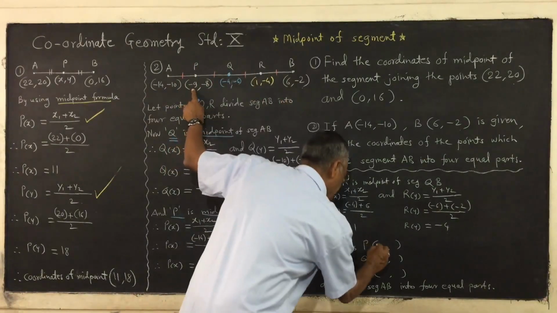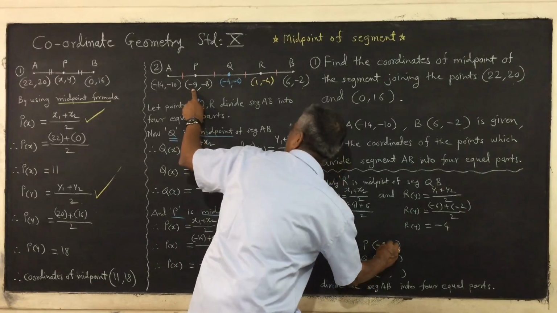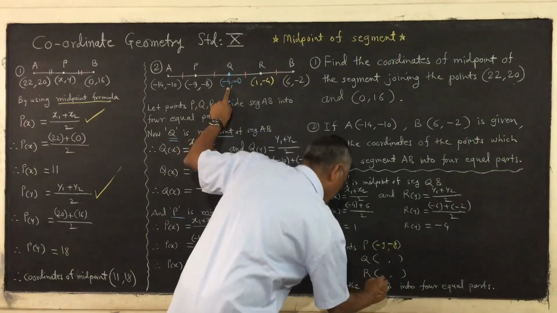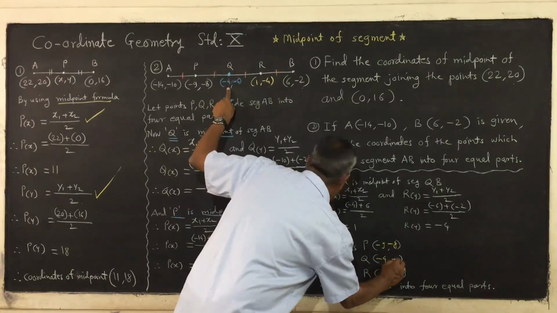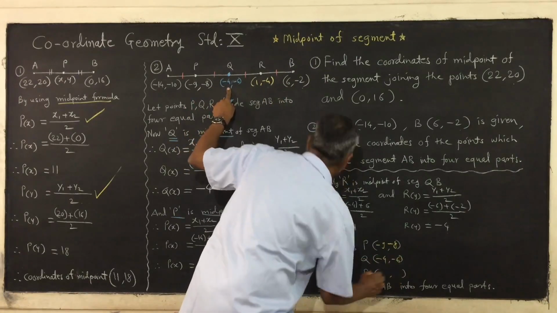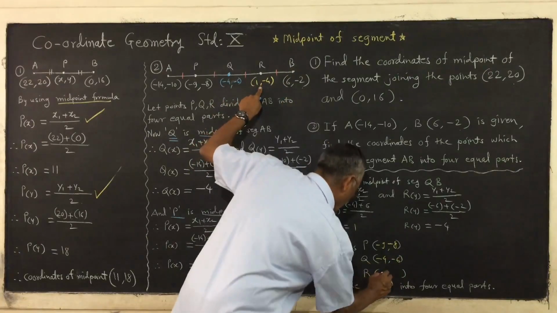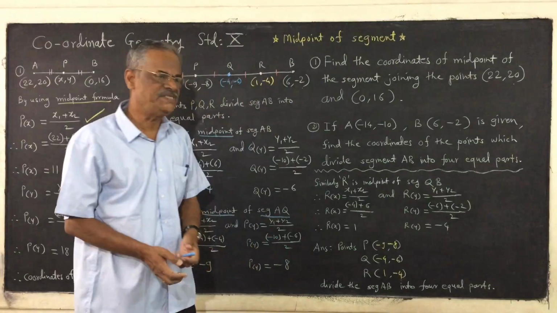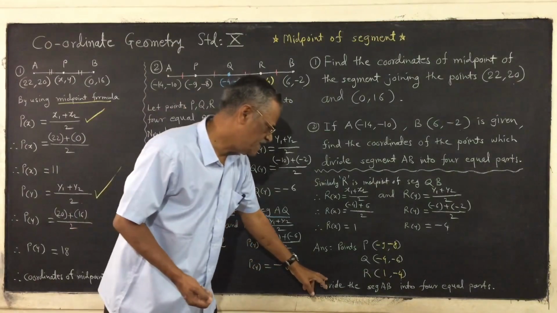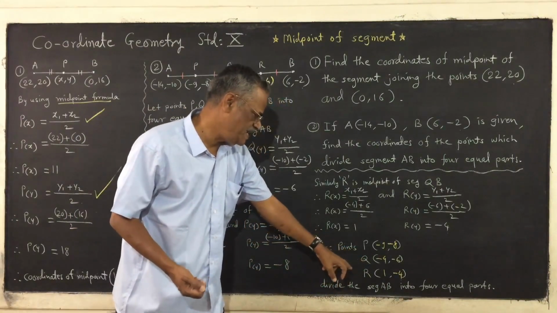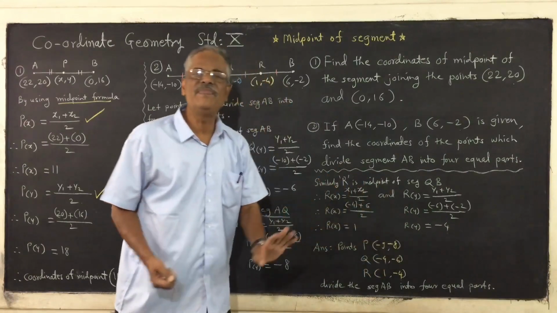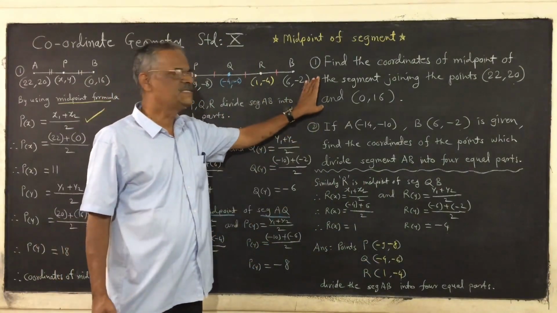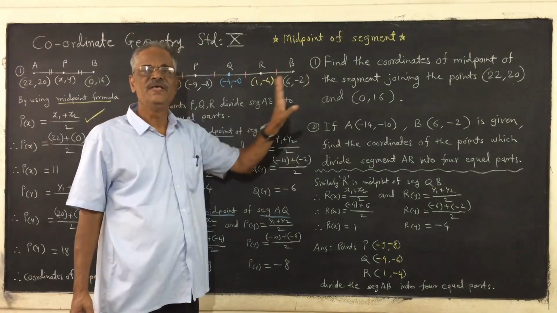The coordinates of P are (minus 9, minus 8), the coordinates of Q are (minus 4, minus 6), and the coordinates of R are (1, minus 4). These are the 3 points dividing segment AB into 4 equal parts. A very, very important problem. The first one is very simple for you.